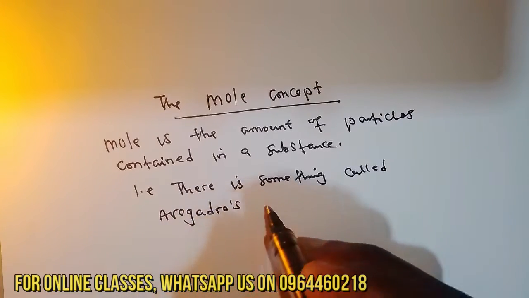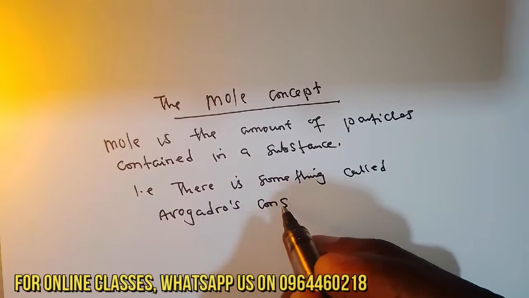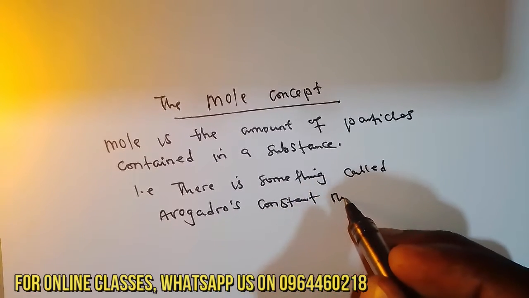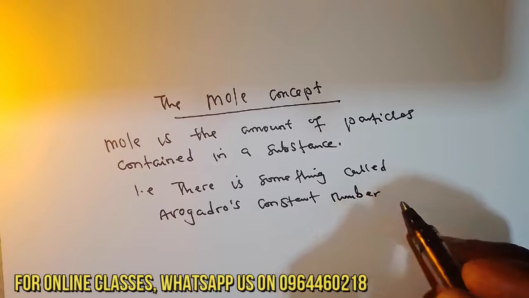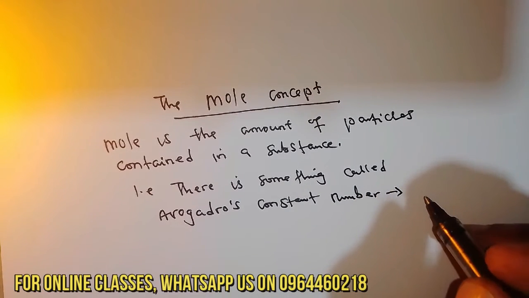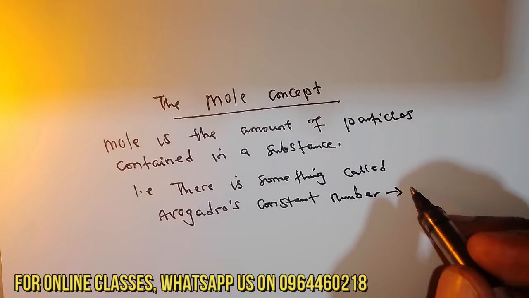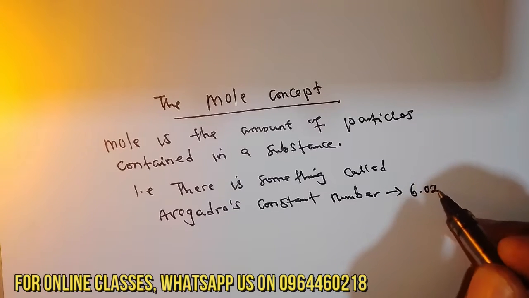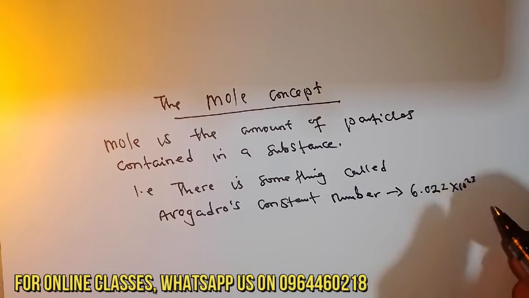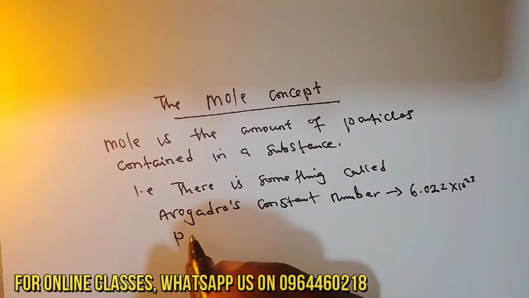Okay. Avogadro is a constant number, okay, which is just 6.022 times 10 to the power 23 particles.